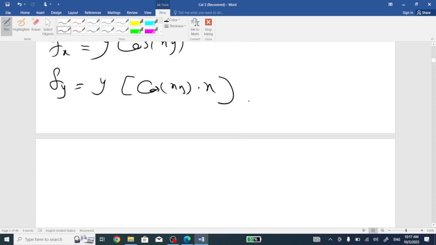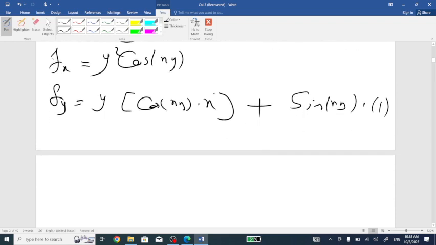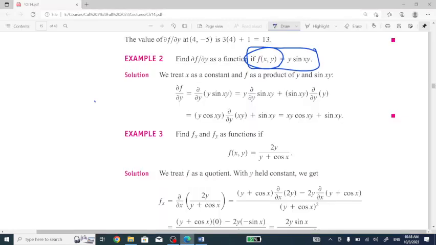Clear. Plus the second times the derivative of the first by y. Clear, dears? So I'll get xy cosine xy plus sine xy. Do you agree with me? This is f_y.